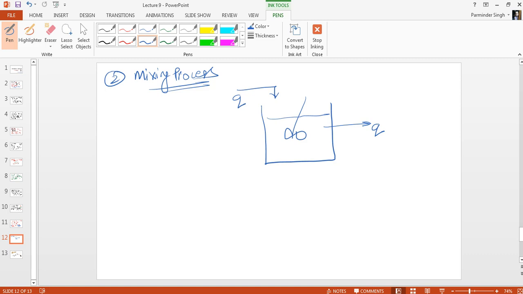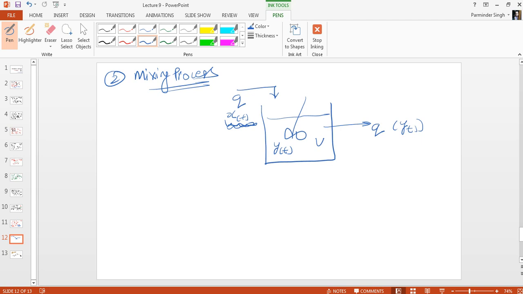In the input stream, let's say X is the concentration of the salt, and in the output, let's say Y(t) is the concentration of the salt in the output stream. It's a constant hold up, so volume V is constant in the tank, and the concentration of the salt in the tank is Y. Further, the salt concentration at the input is a variable, it's changing.